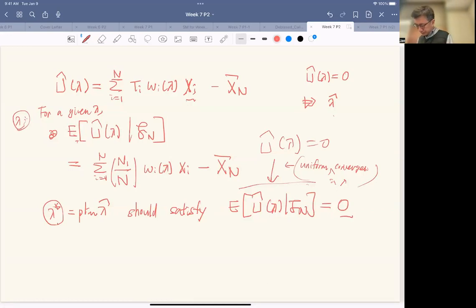Anyway, this is a function of... By the way, this u_i(lambda) is actually G inverse of lambda_0 plus lambda_1 x_i prime.